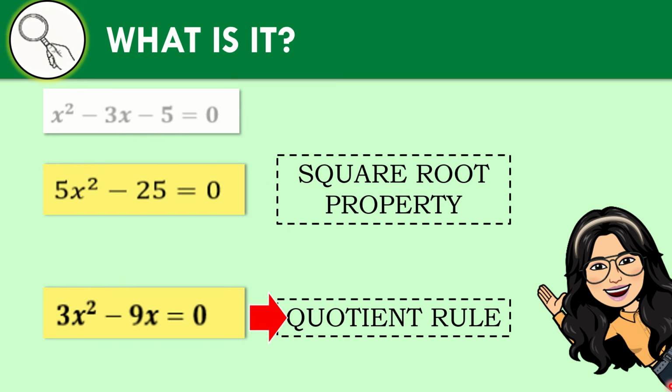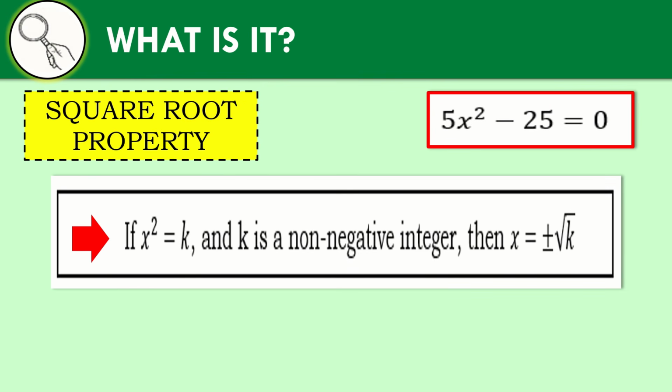Now, let's focus first on the first method, that is the square root property. Now, this would be the example. And when we say square root property, that would state that if x squared is equal to k, and k here is a non-negative integer, then x will be equal to the roots of k. That means it's positive and negative square root of k.